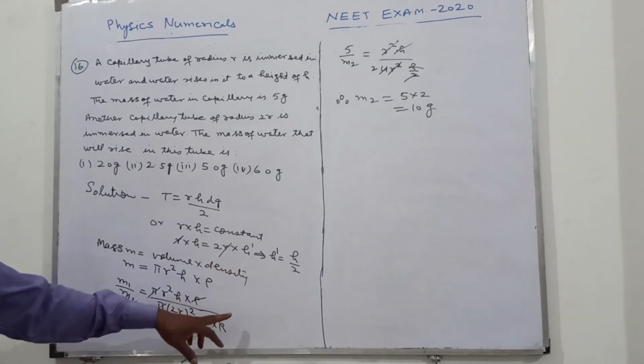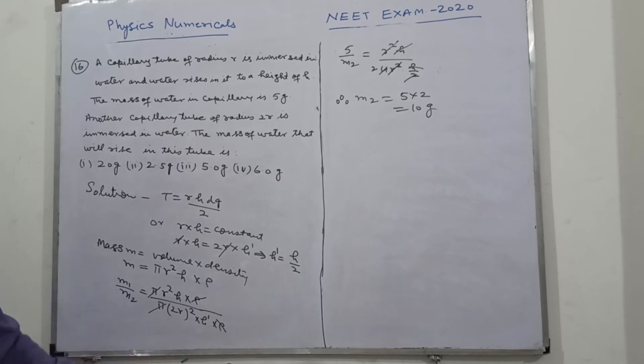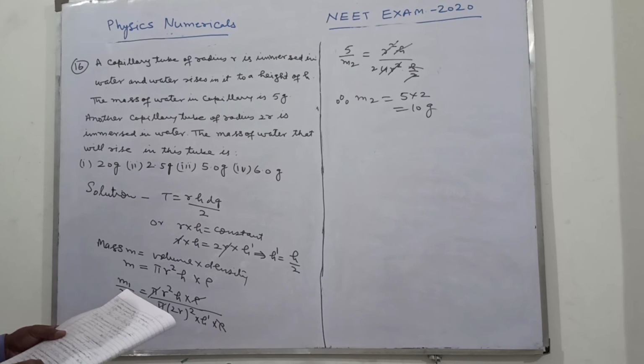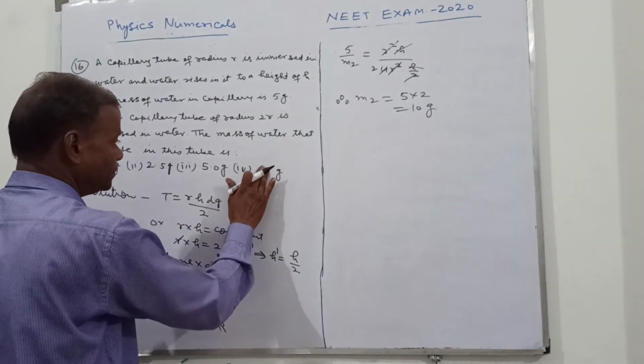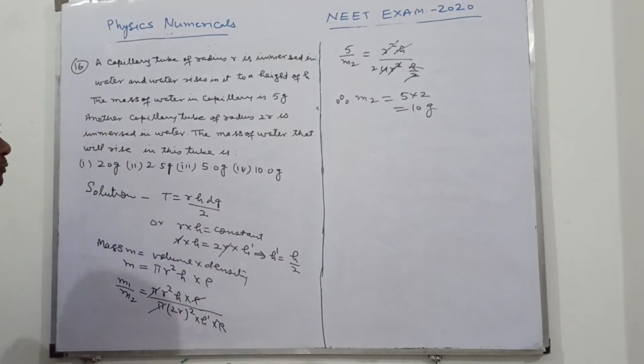2r, h dash, this is h by 2. There is option number 4. This is not 6, this is 10.